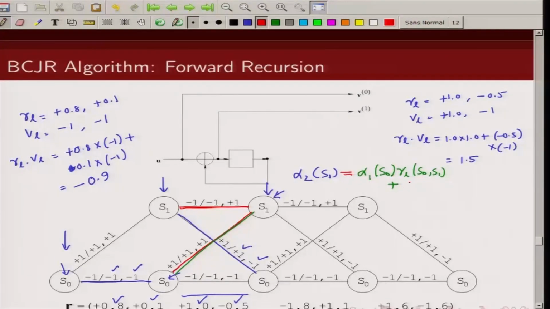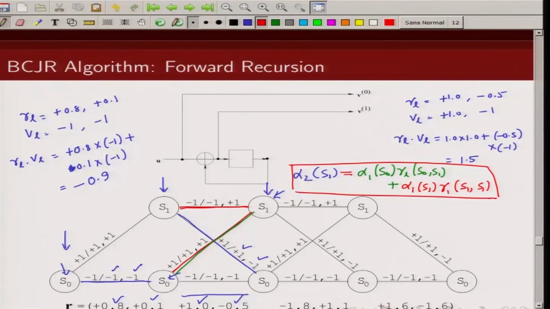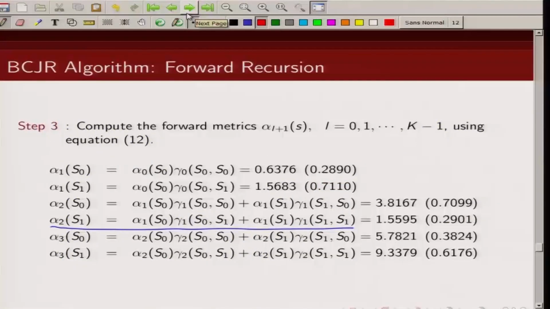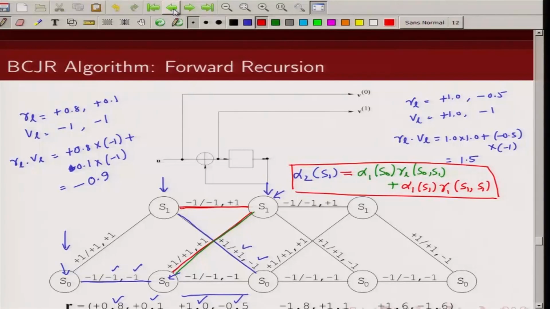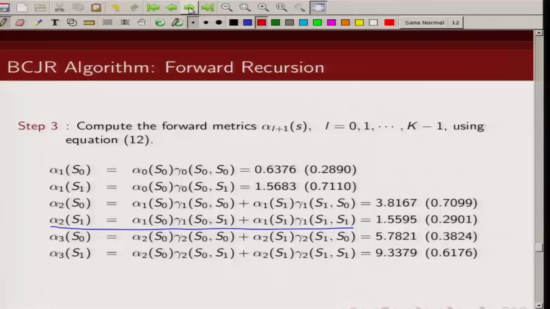This will be alpha 1 at state S1 times gamma 1 initial state S1 next state S1. So, this is the value of alpha 2 at state S1, and that is what we have got here. You can check alpha 1 S0, gamma S0 S1, and the next term is alpha S1, gamma S1 S1.